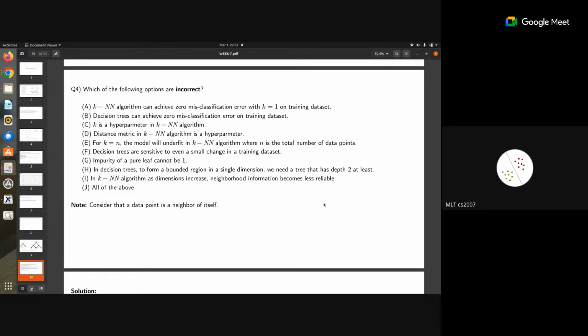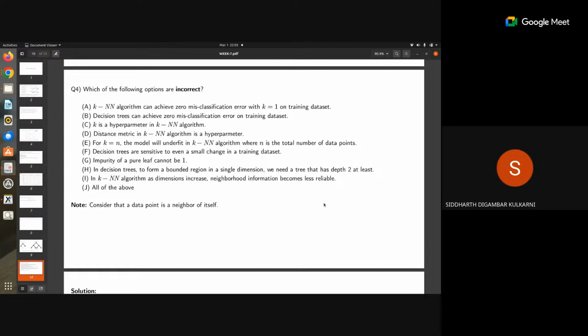Decision trees are sensitive to small change in training data set. Yes, sir, it is sensitive to outliers. If the training data set changes, then the decision trees will also change.